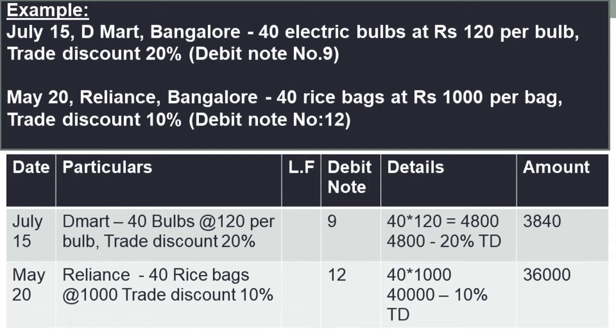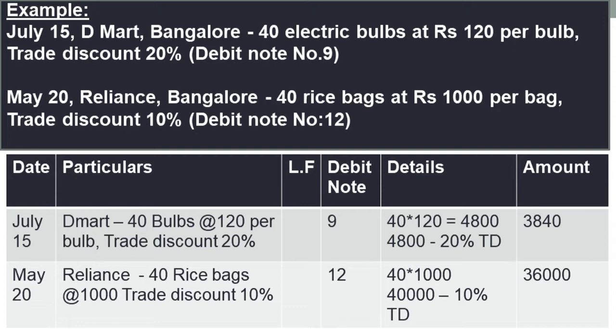And in the debit note column, we will mention the debit note number, that is 9. And in the details column, we will mention the calculations, that is, we have purchased 40 bulbs at 120 per bulb. So, I have mentioned 40 into 120, that comes to 4,800.